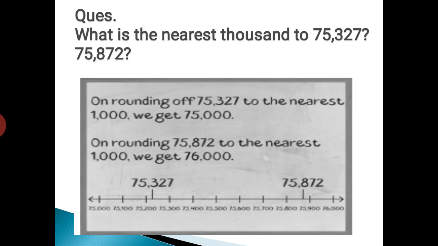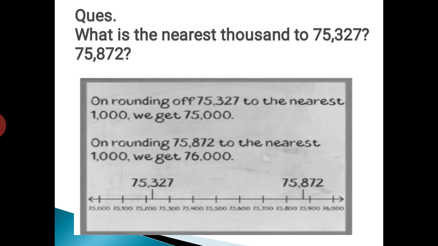And on the other hand, the next number is 75,872, and here 8 is at the hundreds place. Yes, the digit 8 is at the hundreds place, and it is more than 5. So when the digit is more than 5, we just add 1 to the thousands place.